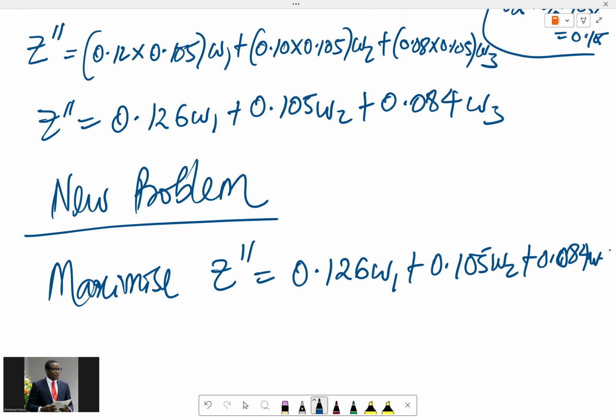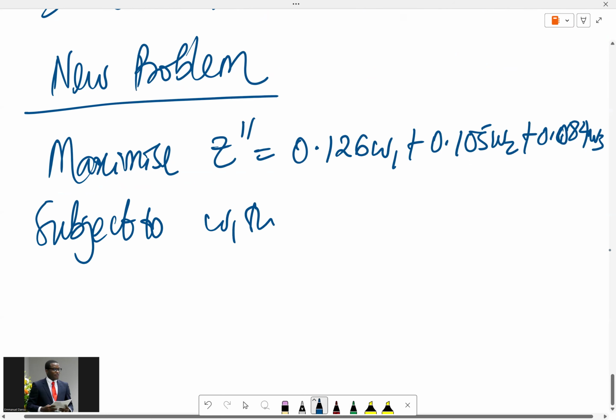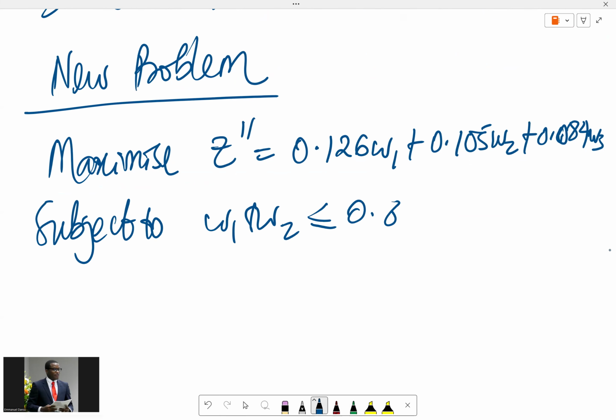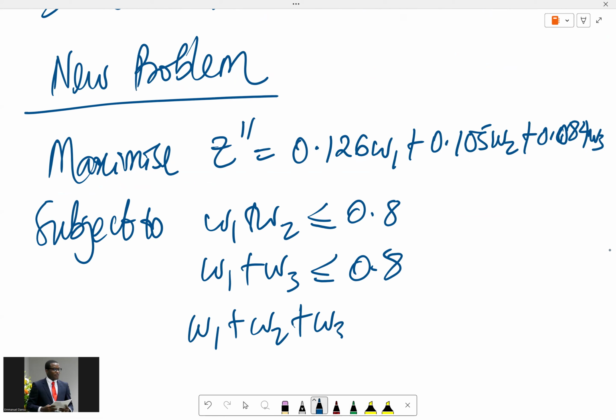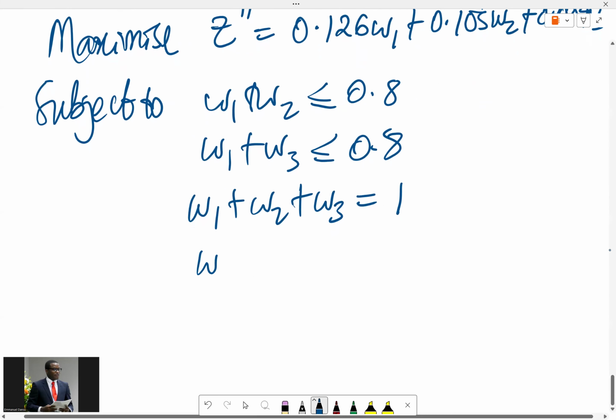0.084 W3, subject to the same constraints: W1 plus W2 less than or equal to 0.8, W1 plus W3 less than or equal to 0.8 again, and then W1 plus W2 plus W3 not exceeding 1, because of course you don't want to exceed 100%. Then W1, W2, W3 are all greater than or equal to 0.